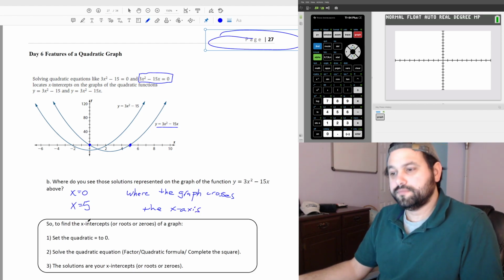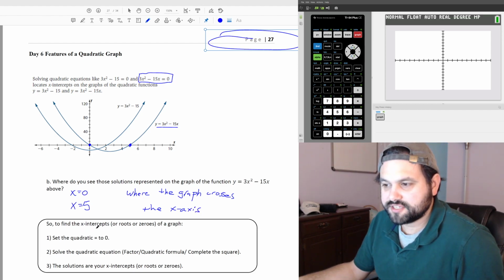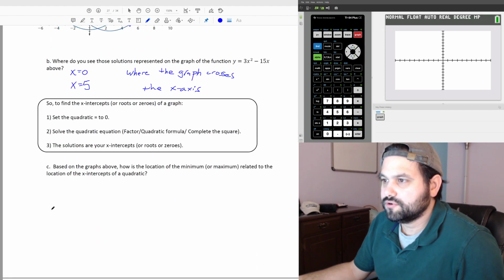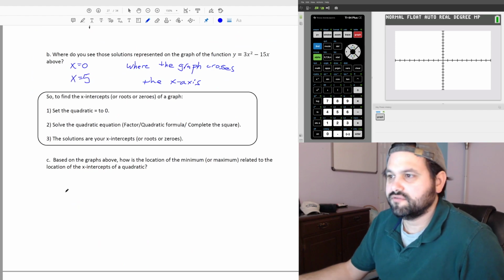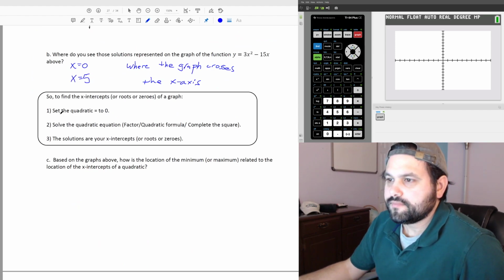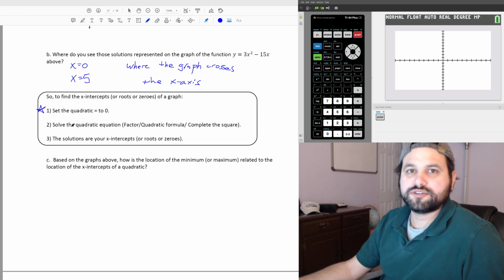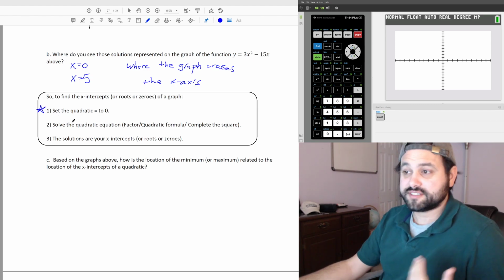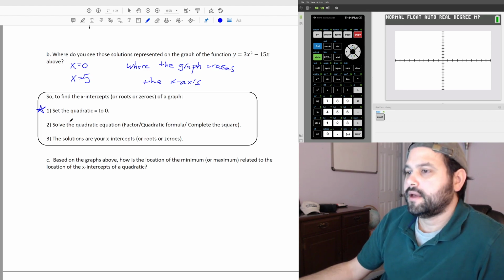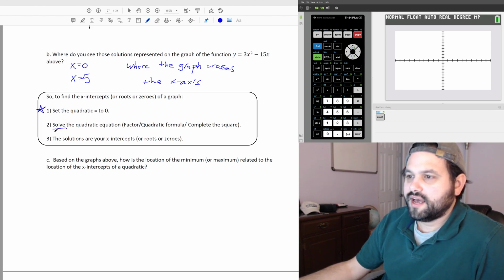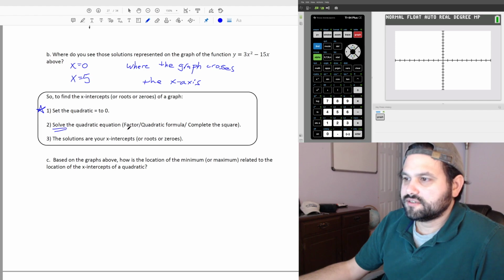Okay, so to find those x-intercepts, or the roots, or the zeros, we have several names for them. This first step is going to be very important, right? Because we have to find when the quadratic is equal to 0. So we have to set it equal to 0. And then we solve, right? And we have all these different methods of solving.